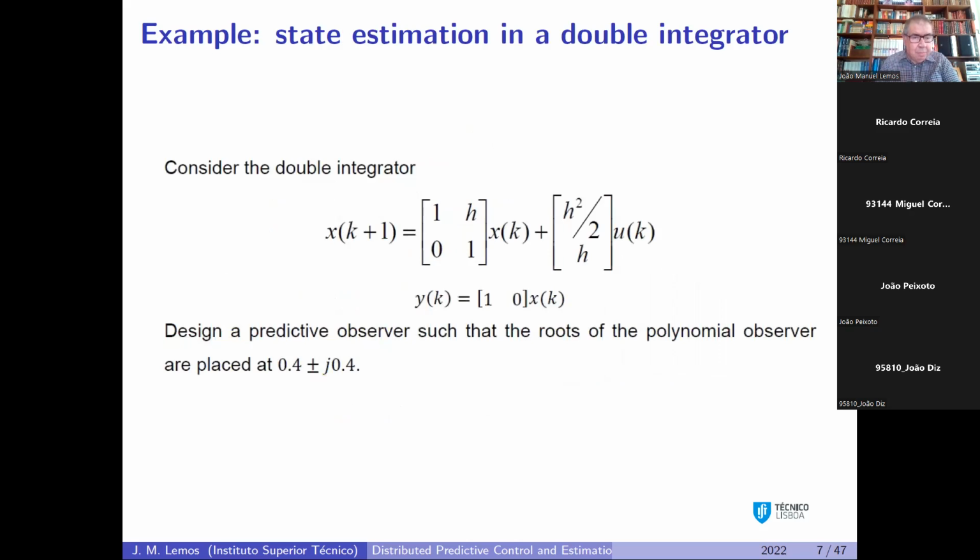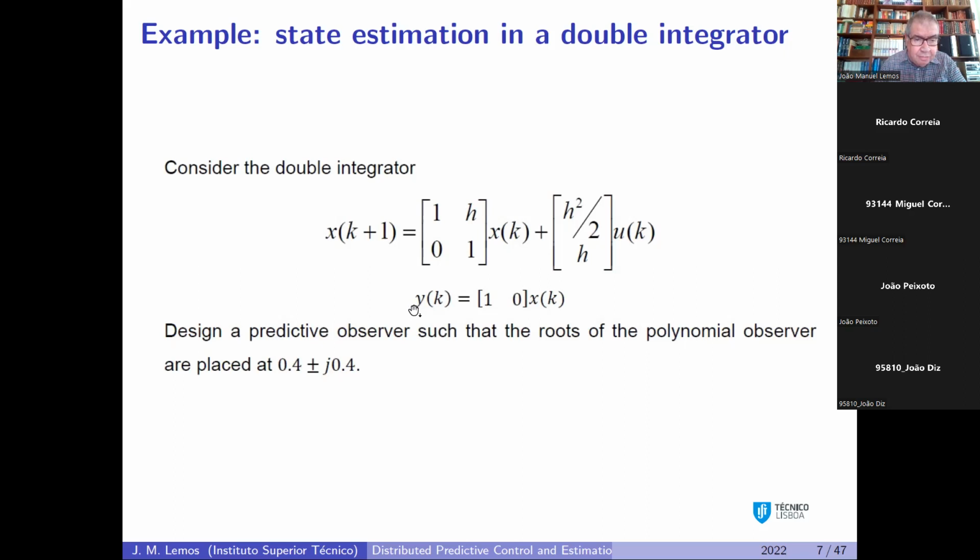So let's see one example. Suppose that we have the double integrator. Okay, it could be any; I could have placed here any state model, but the double integrator is nice because the dimension is not so big. It's just 2, and it's a non-trivial problem.